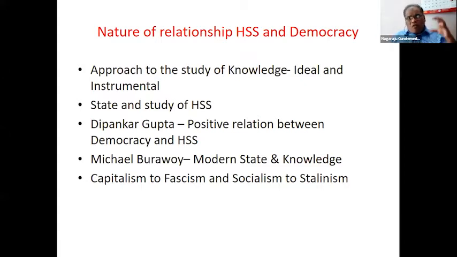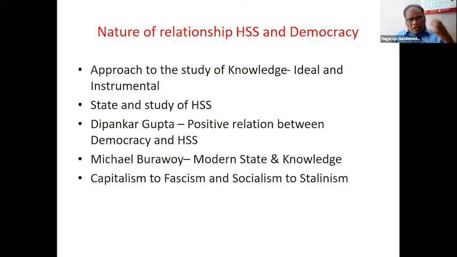If I use the concept of Ashutosh Varshney, who used the concept called deepening democracy in the context of India, it primarily highlights that the demand for deepening of democracy goes against the ideological apparatus of the state.